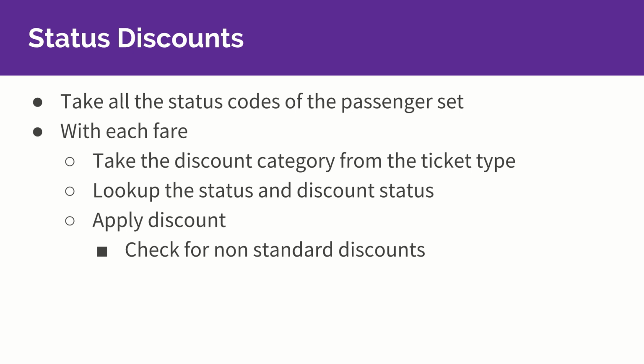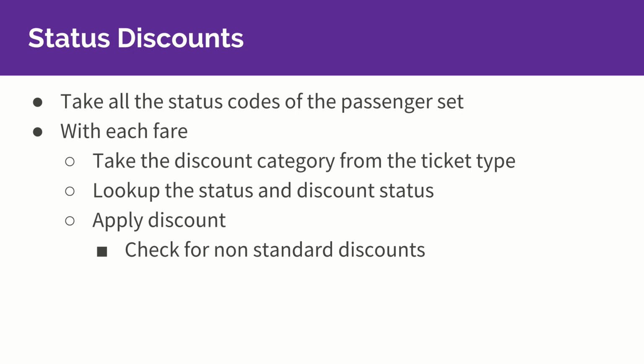Effectively, there is a non-standard discount file, and it has wildcards for almost every field in it. So it has an origin, destination, ticket type code, railcard code, route code, and something else I've forgotten. And each one of those can be null, meaning it applies to all of those things.